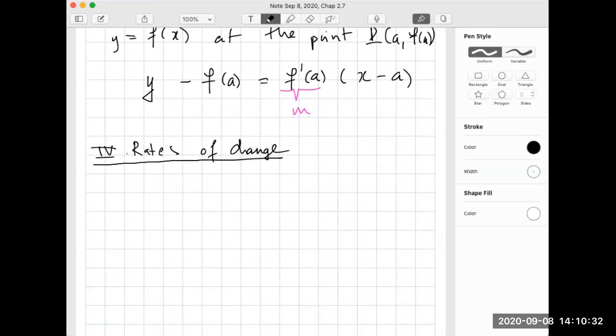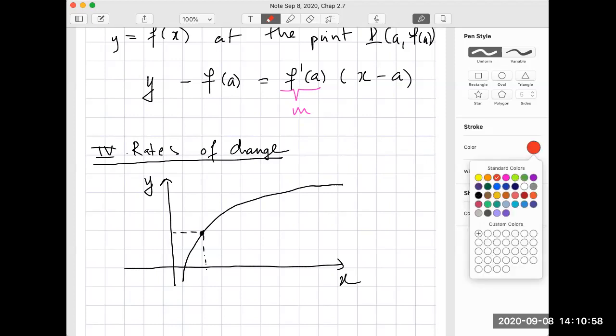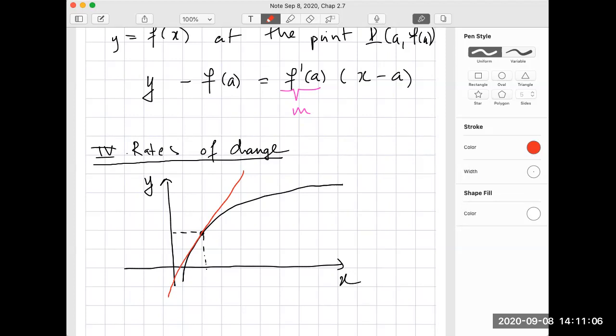Okay, now for any function f of x, x is here, the y coordinate is like this, and suppose it is like this. Okay. Now, suppose we consider at this point, so therefore the slope, the tangent line at this point will be the red line right here, right?